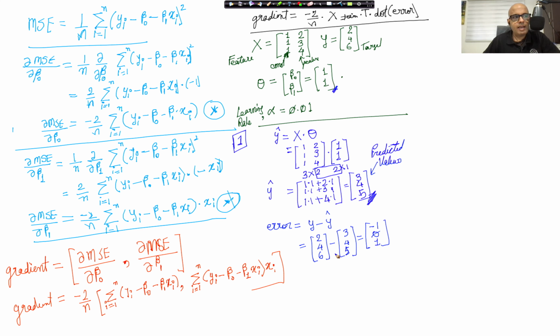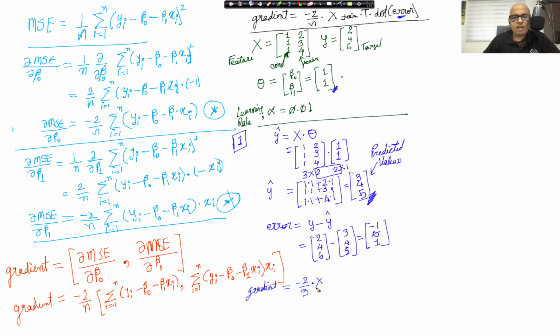Once we have the error term calculated, we can then calculate the gradients. As you know, for calculating the gradients, we are essentially going to dot the features with this error term. So the gradient is going to be equal to minus 2 divided by n. In this case, we have 3 data points, so n is 3.